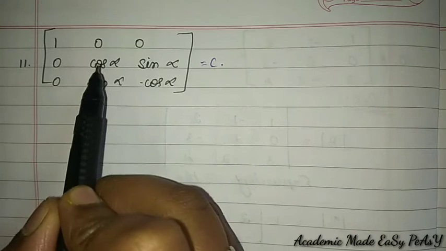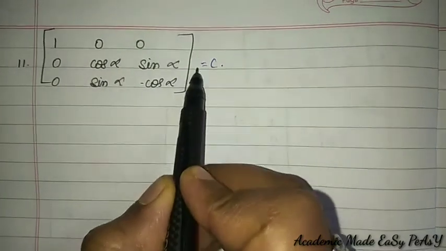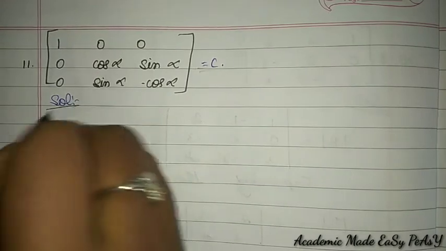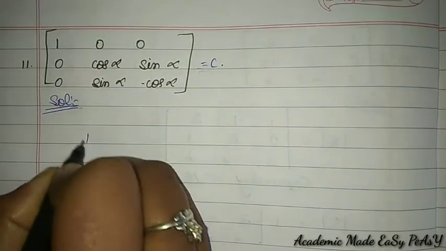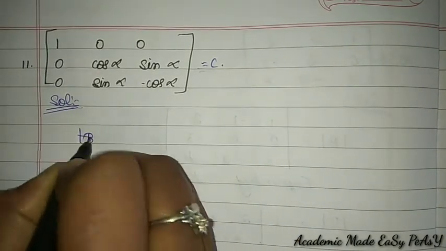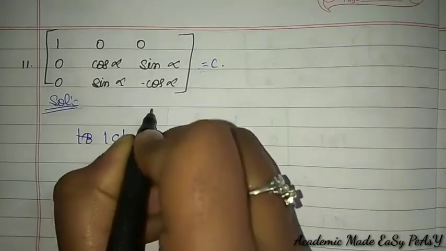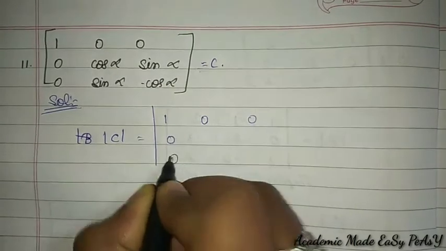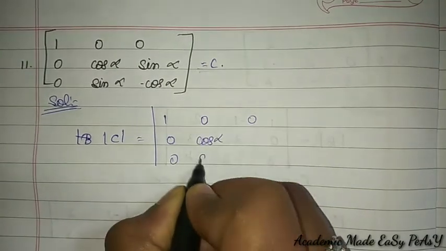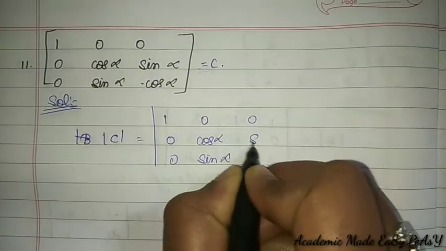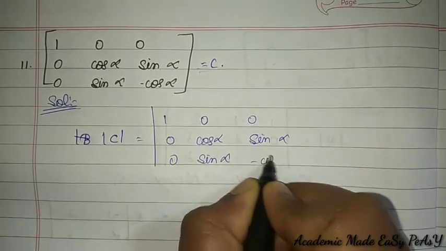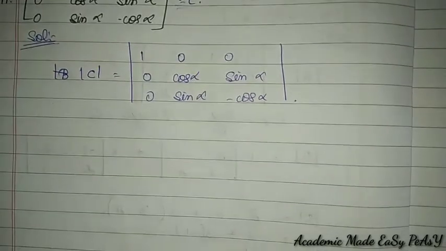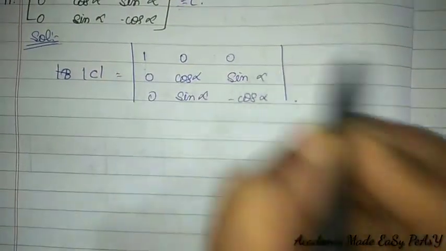Question 11. A matrix is given and I took this matrix as matrix C. So now we have to find the inverse of this, using adjoint. So in order to find that, I have to take the determinant. So determinant of C is equal to 1, 0, 0, 0, 0 cos alpha, sin alpha, minus cos alpha. So this is the determinant. So now I can expand through any one of the row or column.